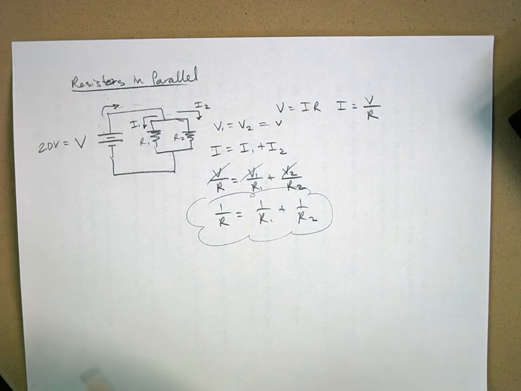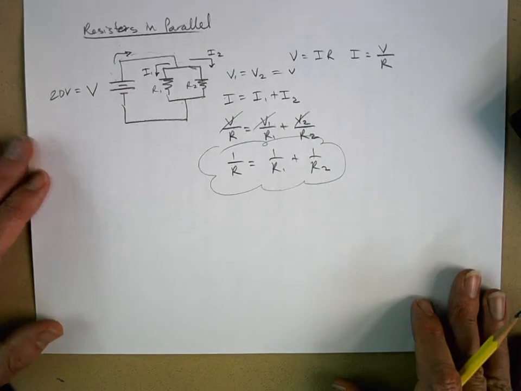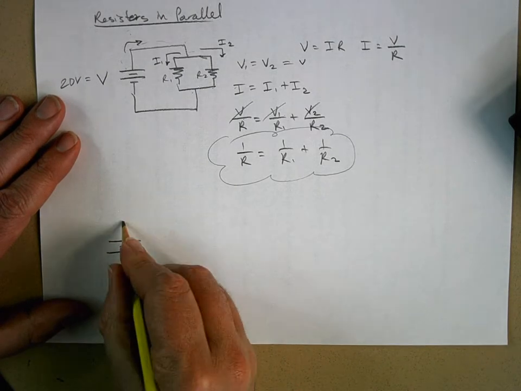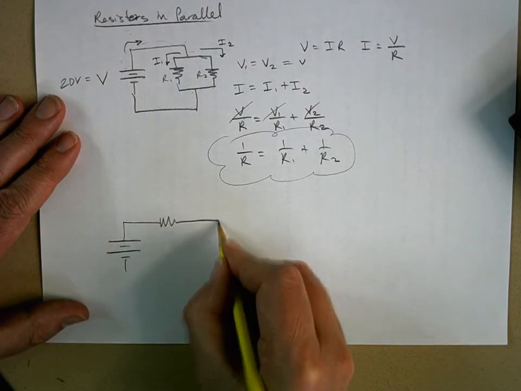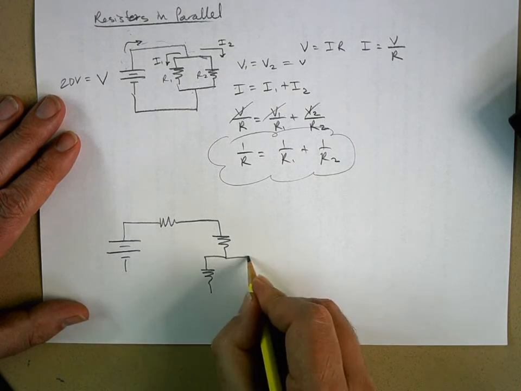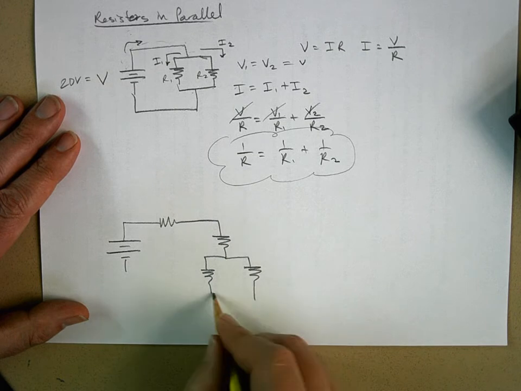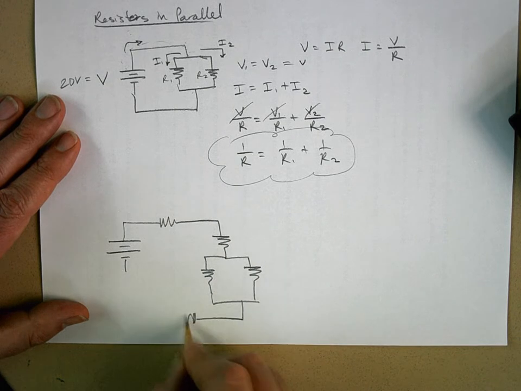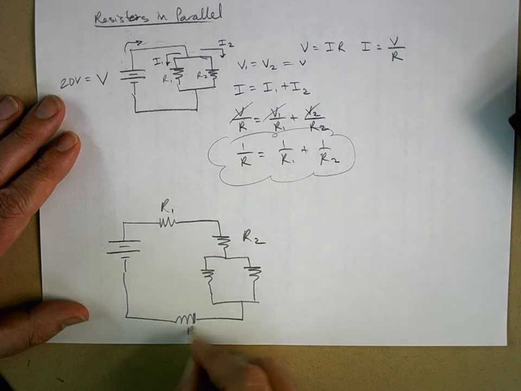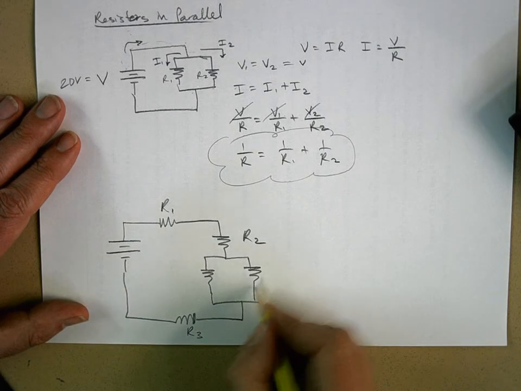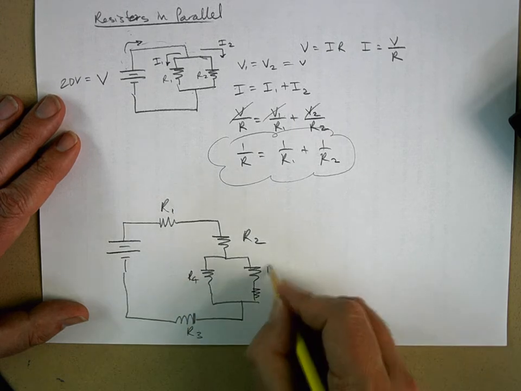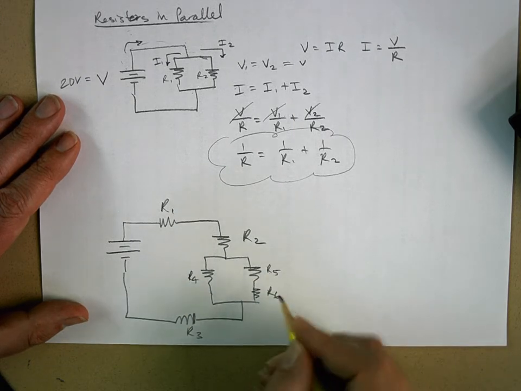Now, I'm going to give you circuit things like this. Let me give you something that's kind of fun. R1, R2, R3. Ooh, let's put one right here. R4, R5, R6. This is harder than the one on the test.